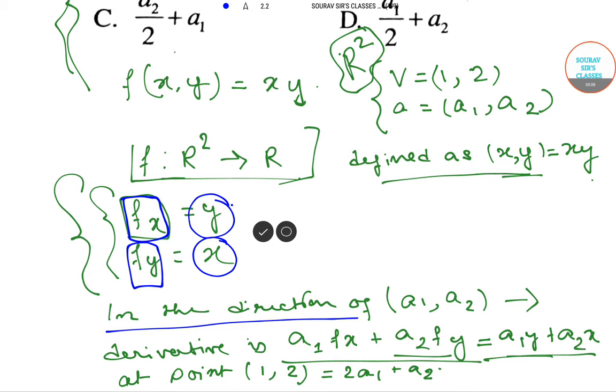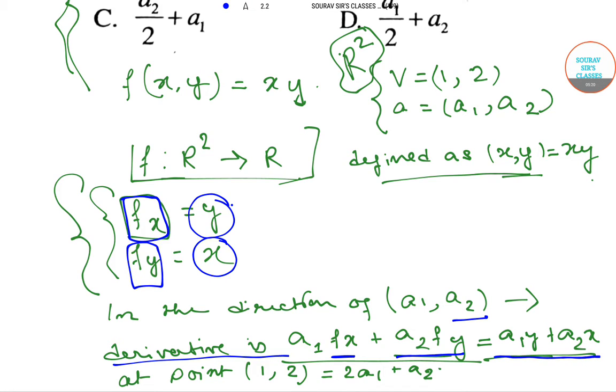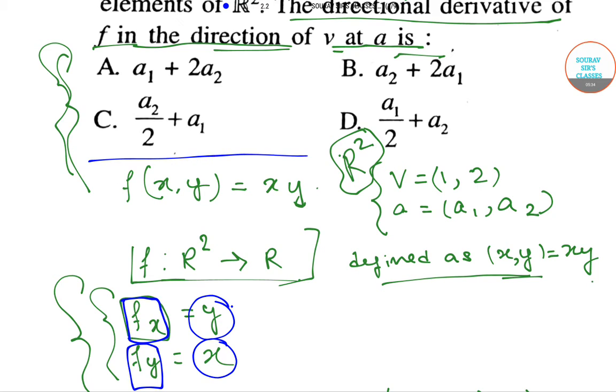Now in the direction of (a1, a2), the directional derivative is a1 fx plus a2 fy, which equals a1y plus a2x. At point (1, 2), that equals 2a1 plus a2. Now we have these options as answer.